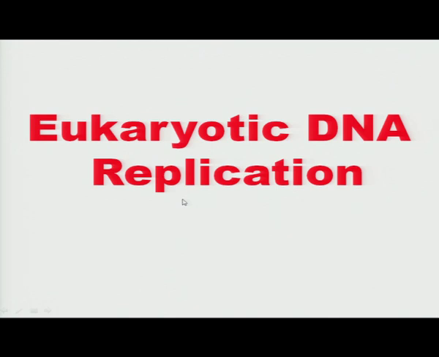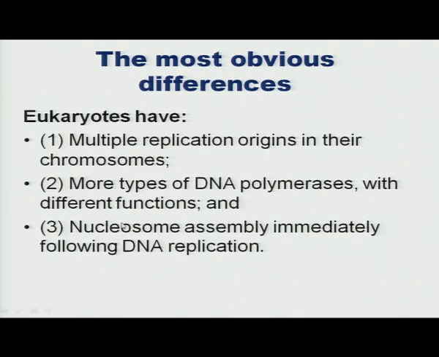Now, here are some differences in eukaryotic and prokaryotic DNA replication, but almost all the processes are the same except a few. These are multiple replication origins in their chromosome.